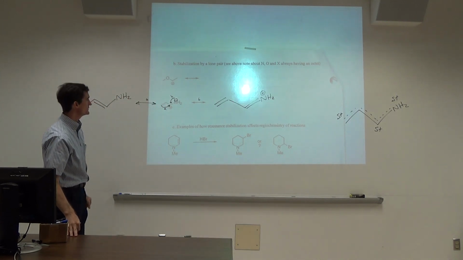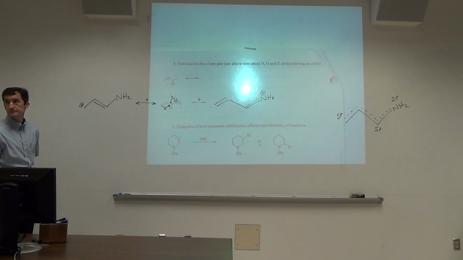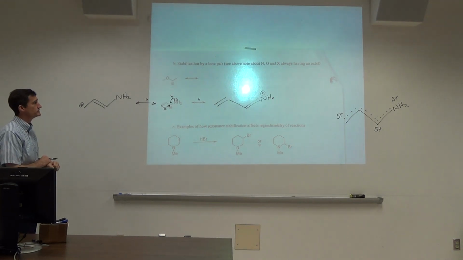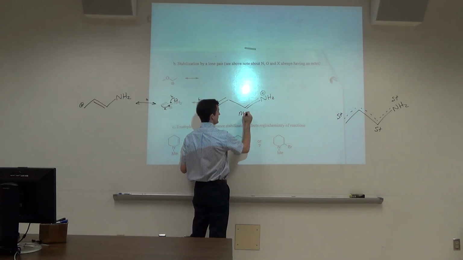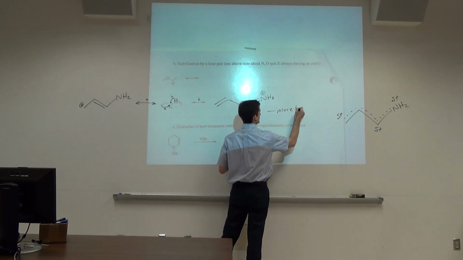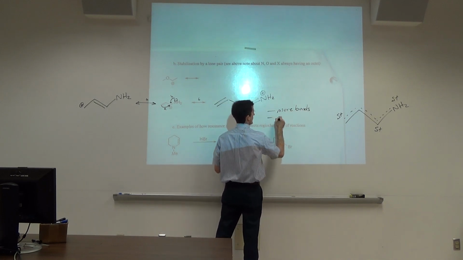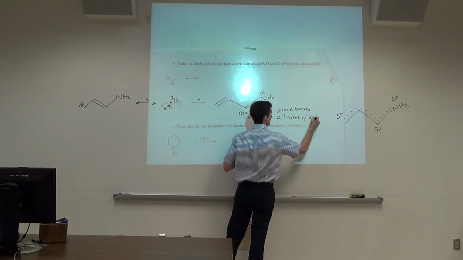So, charge delocalization. What's the major resonance structure up here of these 3? Major, right here. Why is it major? More bonds. What's another reason? All atoms with octet.